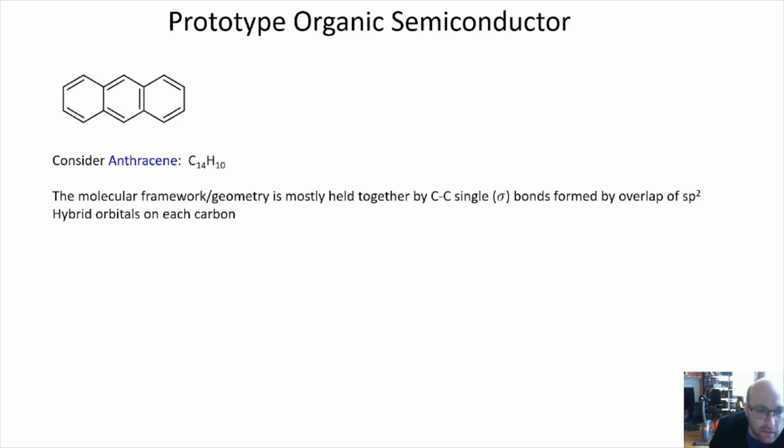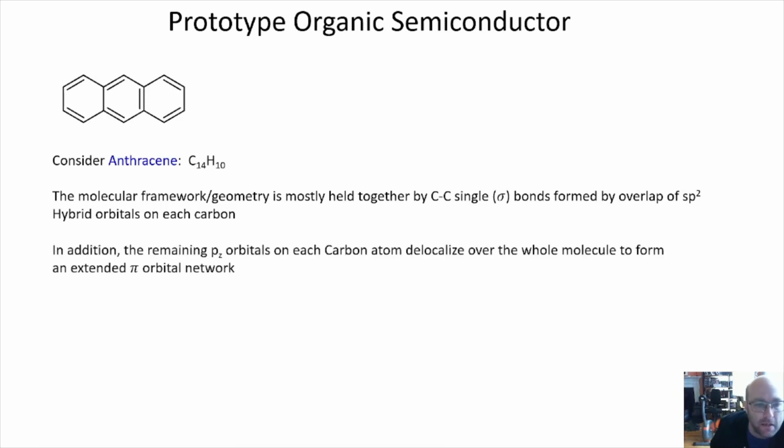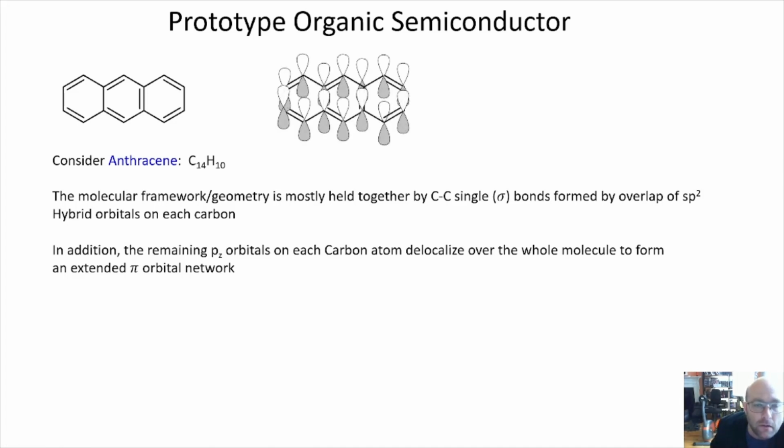And then when you have that sp2 hybridization on each carbon atom, you have a leftover pz orbital. So those look sort of like this, where I just overlaid pz orbital shapes on each of the 14 carbon atoms in the anthracene framework.